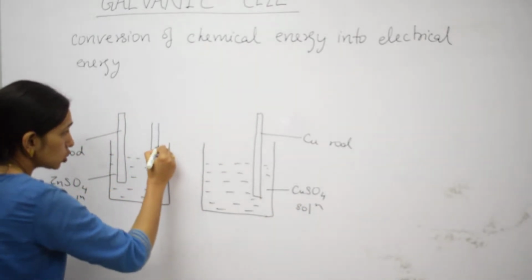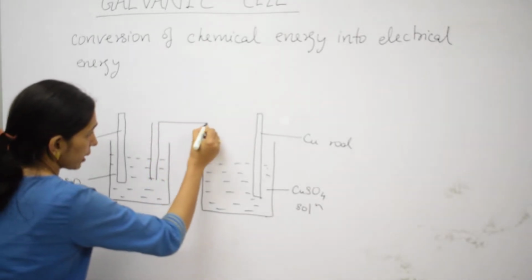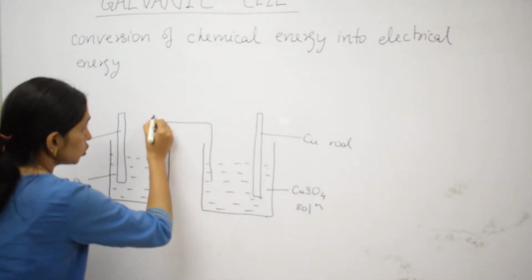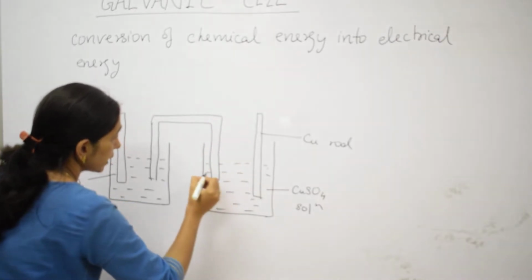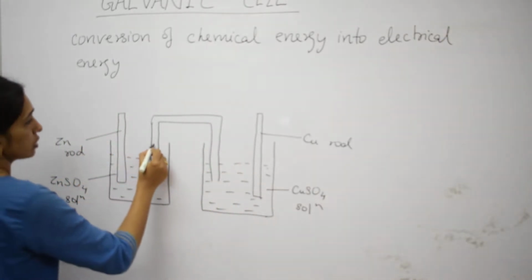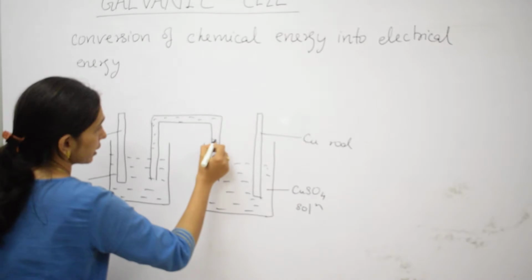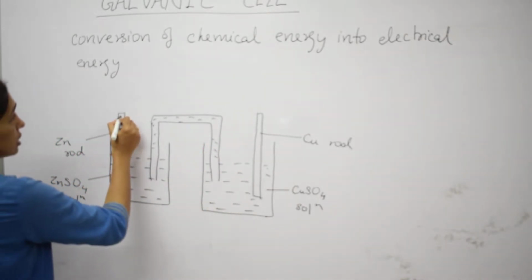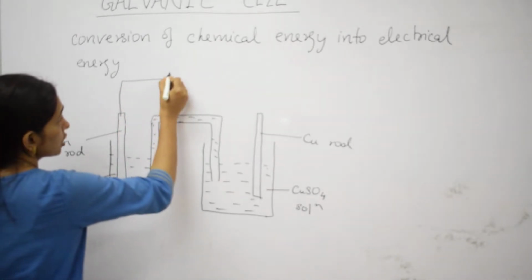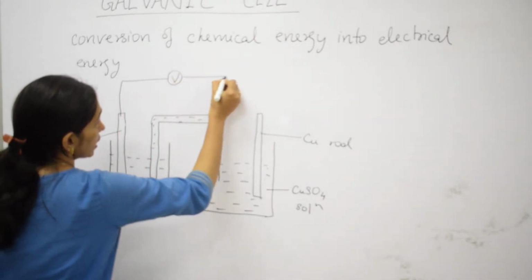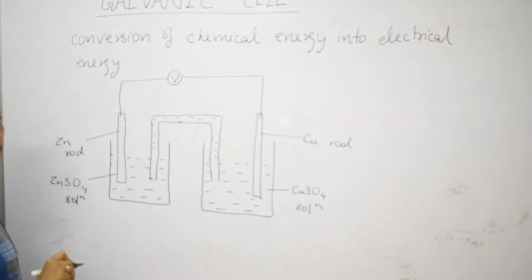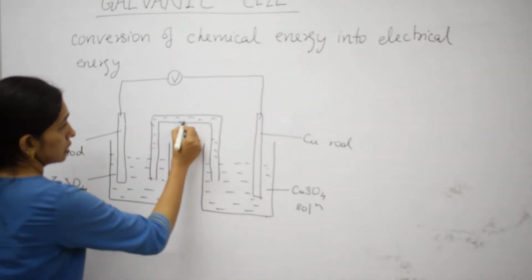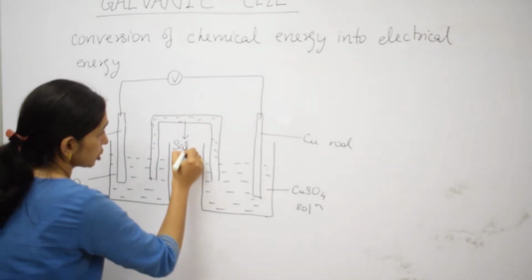Internally, these two half cells are connected by a U-tube named as salt bridge, and externally they are connected to a voltmeter by a metallic wire.